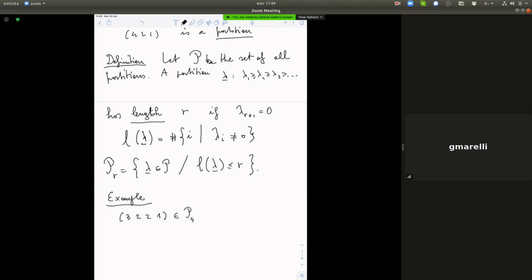Then one might say, but it is also a partition that belongs to P5.